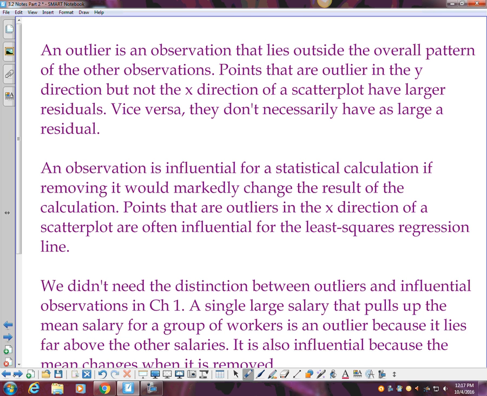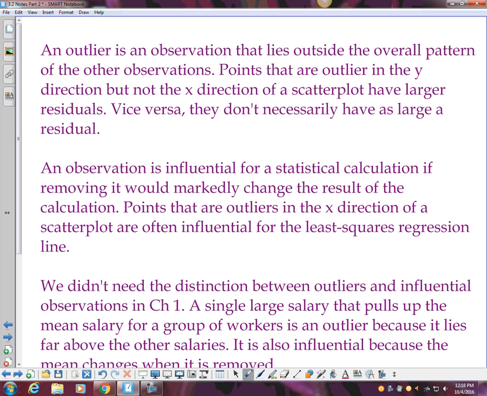An outlier is an observation that lies outside the overall pattern of the other observations. So that's child 18 and 19. Points that are an outlier in the y direction, that's vertical, that's child number 19, but not in the x direction, have larger residuals. And look back, didn't child number 19, who was a vertical outlier, have a bigger residual than child 18?